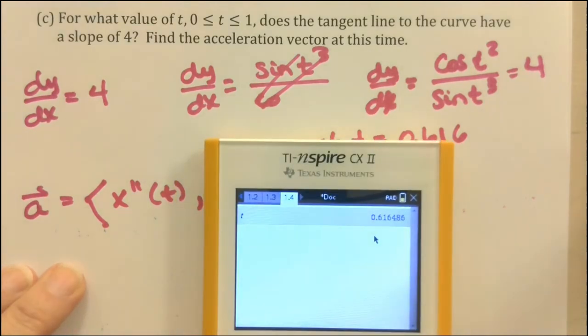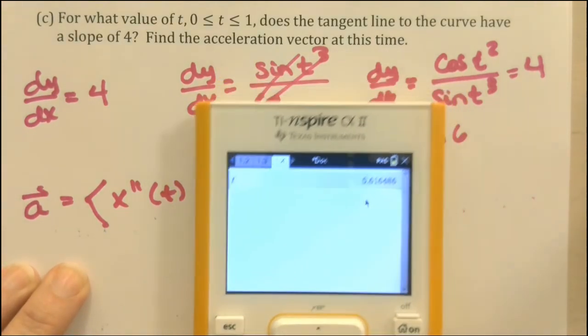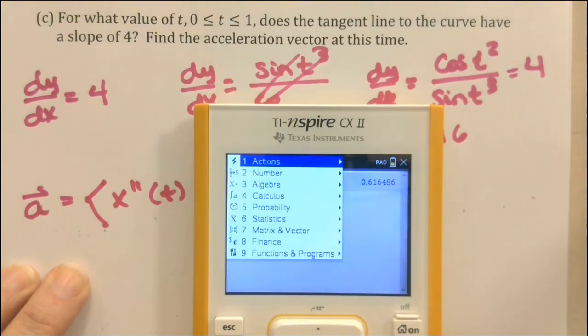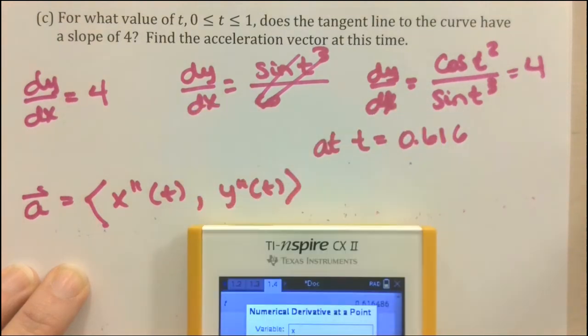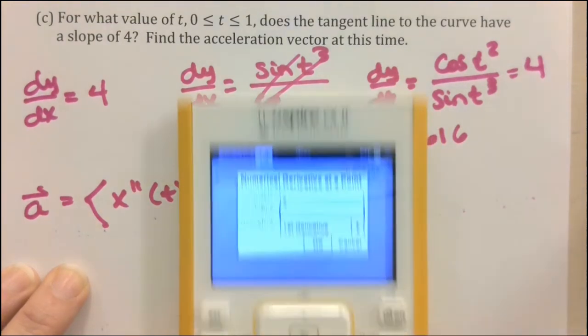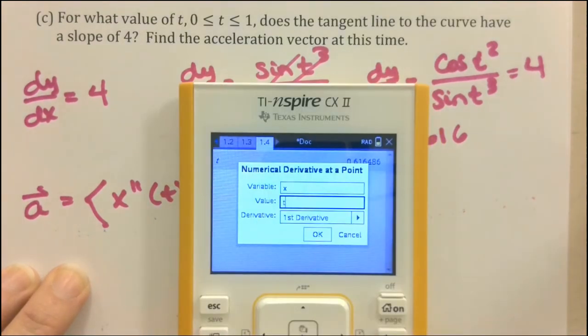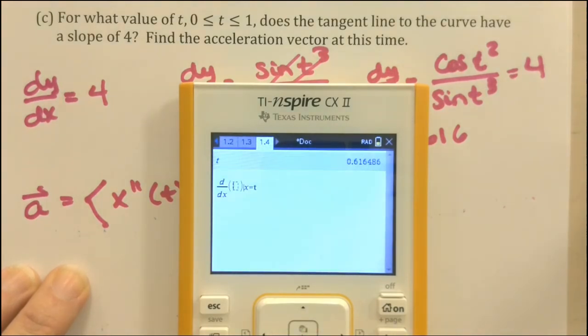My x prime is in F1. So I'm going to do menu, calculus, derivative. The value where I want the derivative to be taken is at this t value of 0.616, so I'm just going to type in t here and say OK. And the thing I want to take the derivative of is f1 of x, because that is my dx/dt, or my x prime.